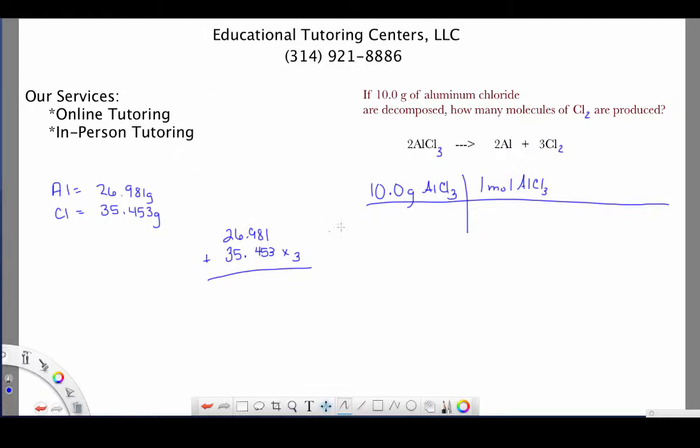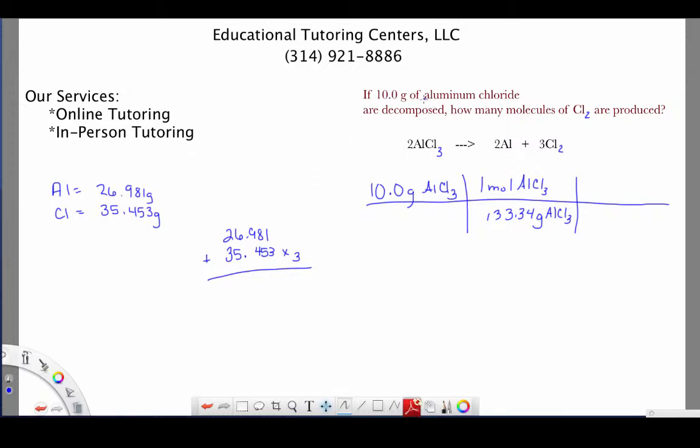Let me write that in, 133.34, and that's grams of AlCl3.